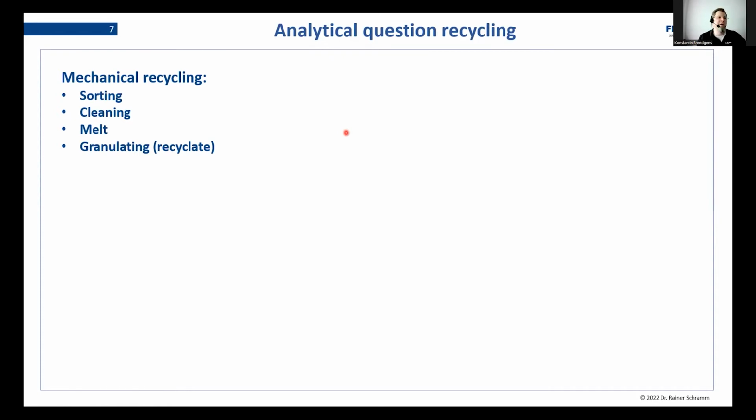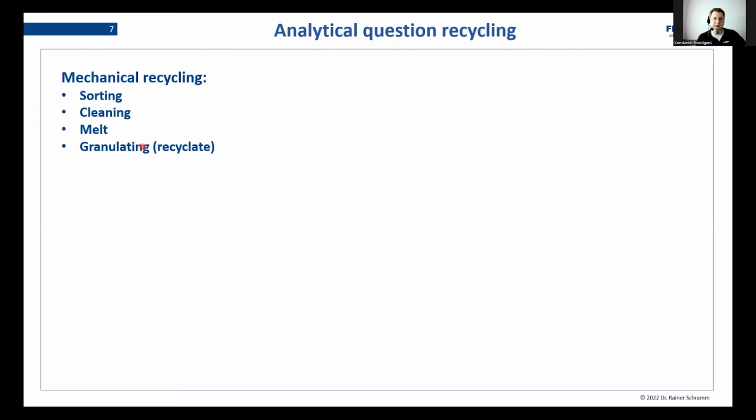We have mechanical recycling. So we talk about cleaning, sorting, and also melting it down again if it's a pure chemical, or even chopping it down into smaller pieces to be used in another process.